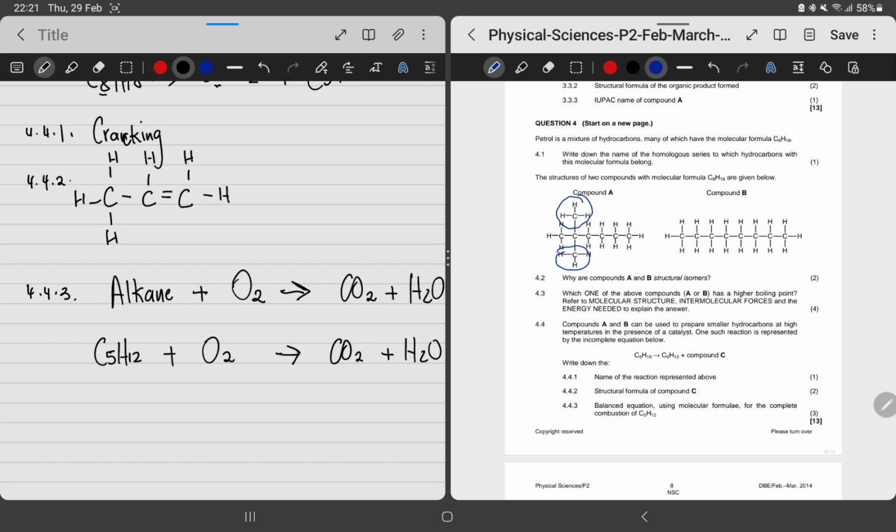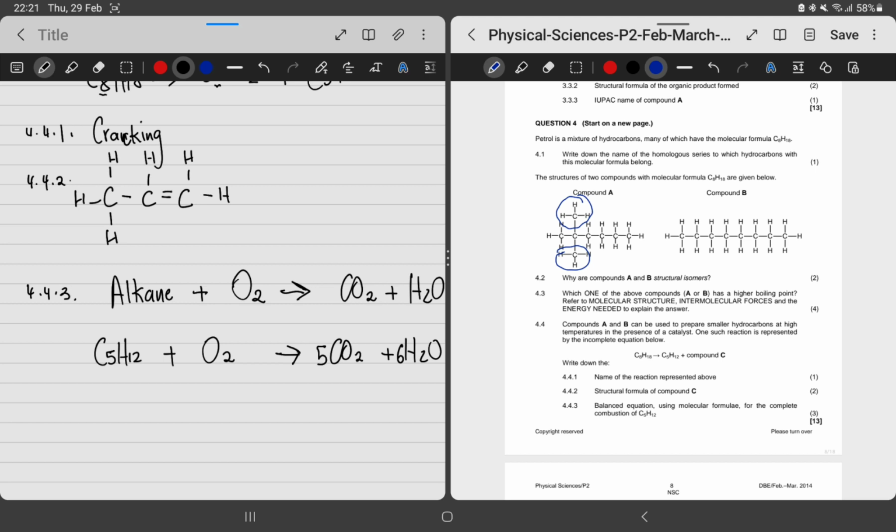Now let's balance. I have 5 carbons on the left, so I'm going to need a 5 there. And then I have 12 hydrogens on the left, so I'm going to need a 6. The first thing that you balance is the carbon and the hydrogens. You leave the oxygens and then you balance the oxygens last.